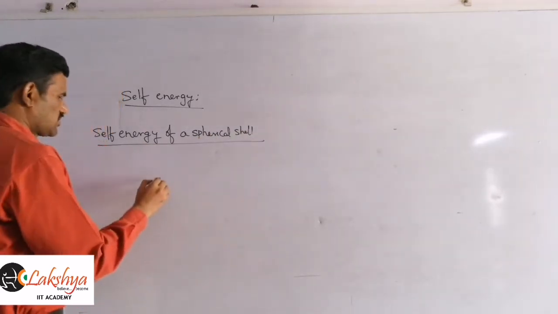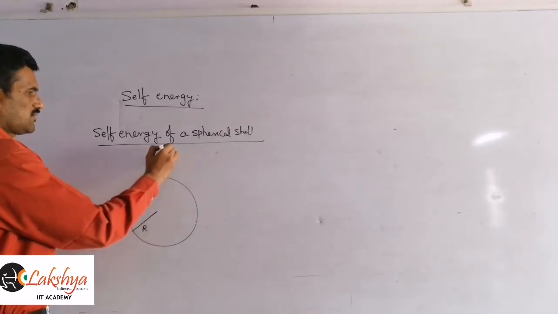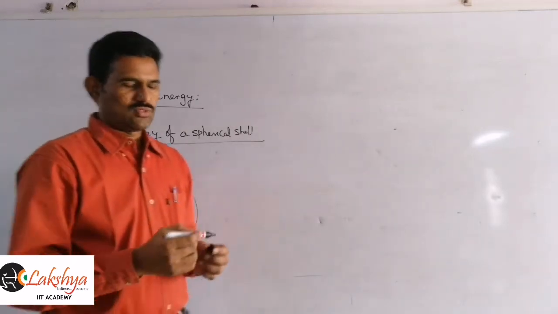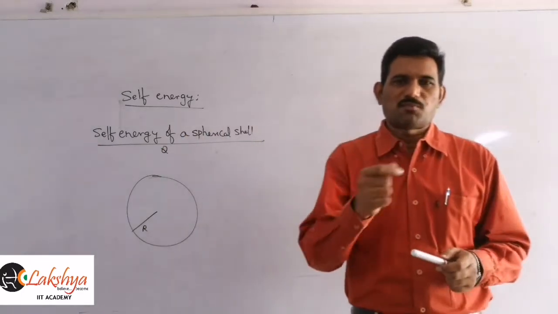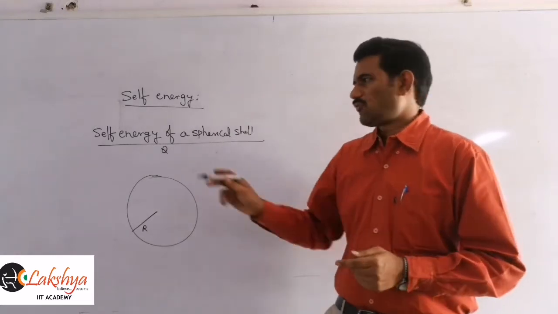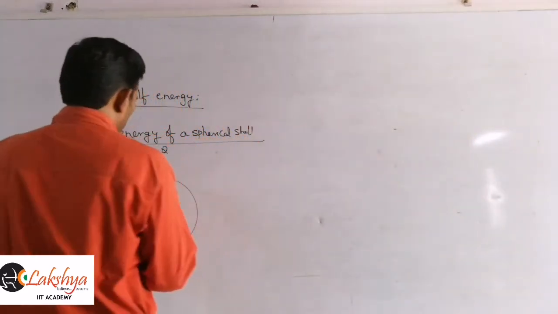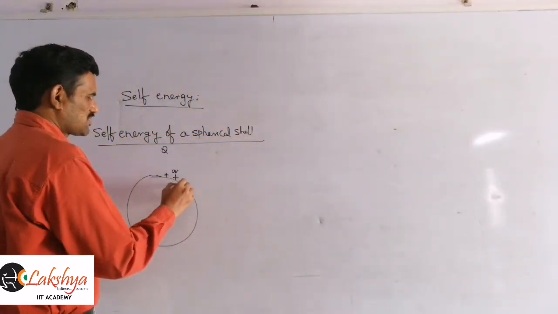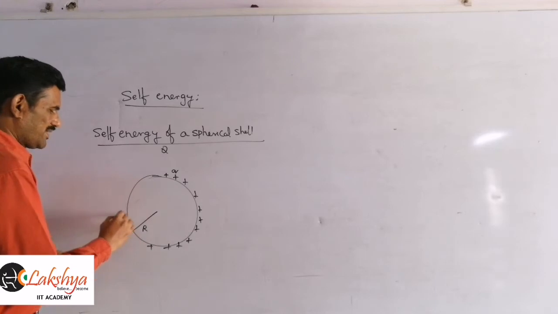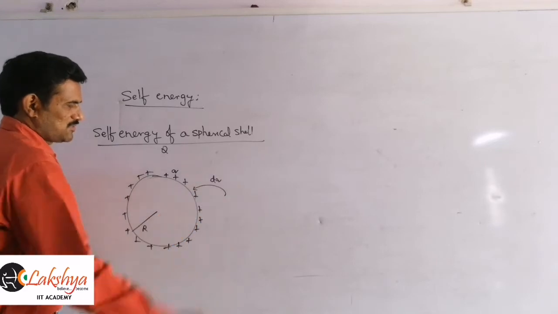So now I am taking a spherical shell of radius r, finally charged to the charge Q. Now we are assuming the state during the charging process, that means we are adding some amount of charge step by step to that spherical shell, so that the charge on the spherical shell increases from 0 to a final value Q. During that process, let small q be the charge present on the spherical shell, and we are adding a small amount of charge dq to this.